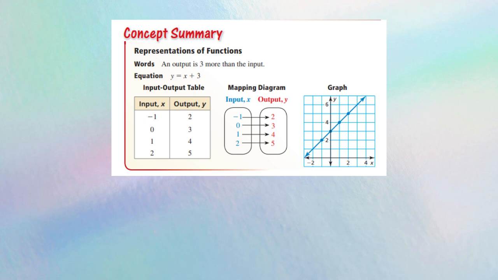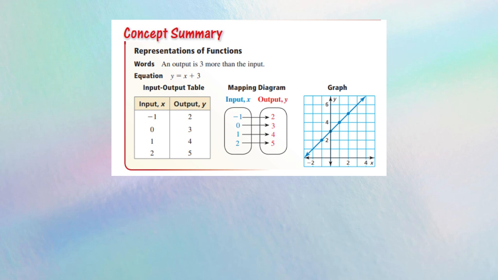So the concept is what? When you have it in a table, a mapping diagram, and a graph, the output is 3 more than the input, okay? So look at the input and output table. Those are all functions, okay? For the x, it's climbing by what?